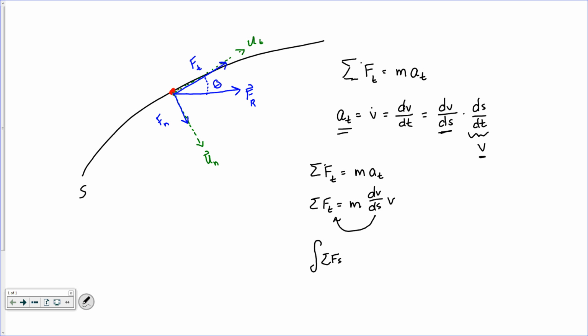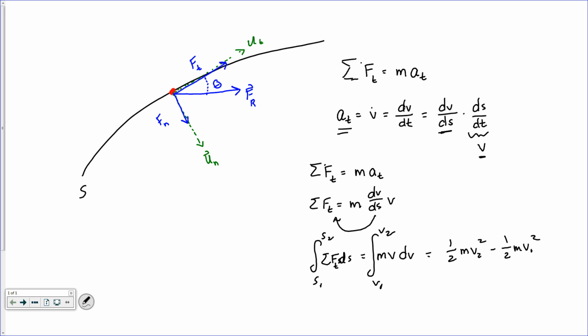The integral of F_t ds is equal to the integral of mv dv. If I integrate the right-hand side, well, that's pretty easy for me to do. This is from S1 to S2. This is from V1 to V2. The right-hand side of this equation just simply becomes 1/2 mv2 squared minus 1/2 mv1 squared.